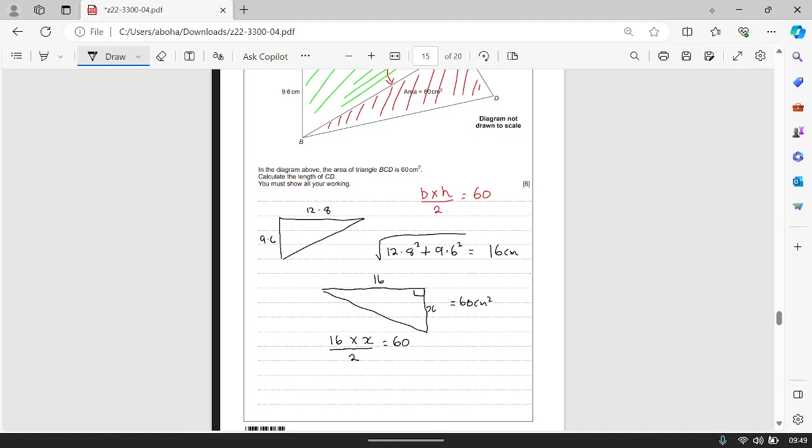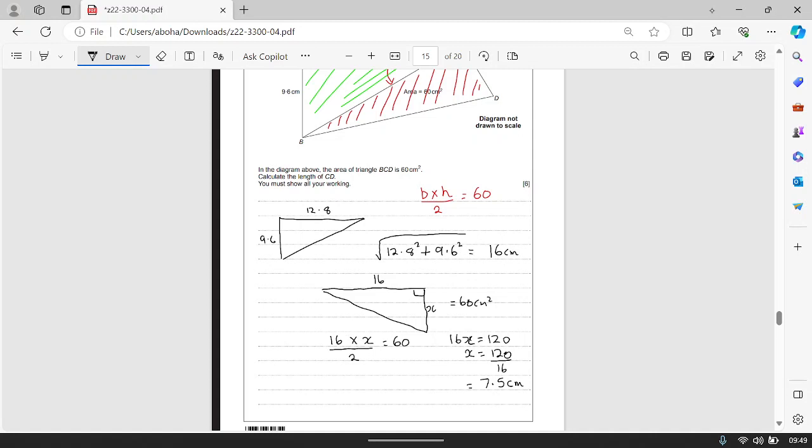So rearrange this now, 2 times 60, so 16x is equal to 120. So x is equal to 120 divided by 16, and you will get an answer of 7.5 centimeters. And there's the answer to the question, okay, which is going to be 7.5 centimeters.